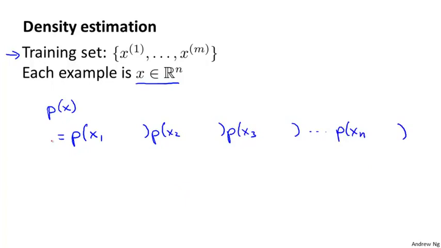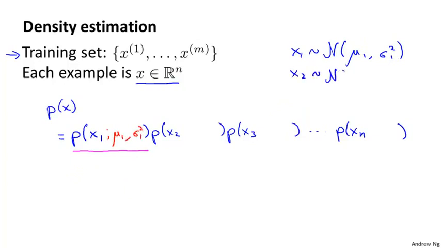So how do we model each of these terms, p of x1, p of x2, and so on? What we're going to do is assume that the feature x1 is distributed according to a Gaussian distribution with some mean, which I'm going to write as mu1, and some variance, which I'm going to write as sigma squared 1. And so p of x1 is going to be a Gaussian probability distribution with mean mu1 and variance sigma squared 1. And similarly, I'm going to assume that x2 is distributed Gaussian. That's what this little tilde stands for.